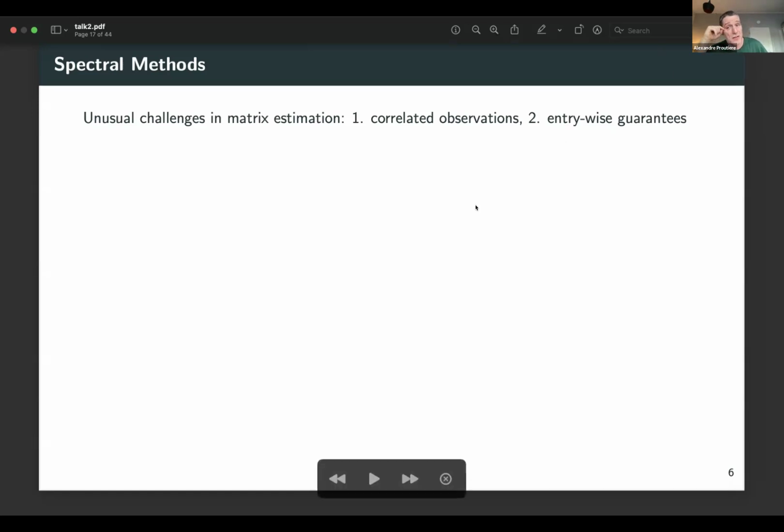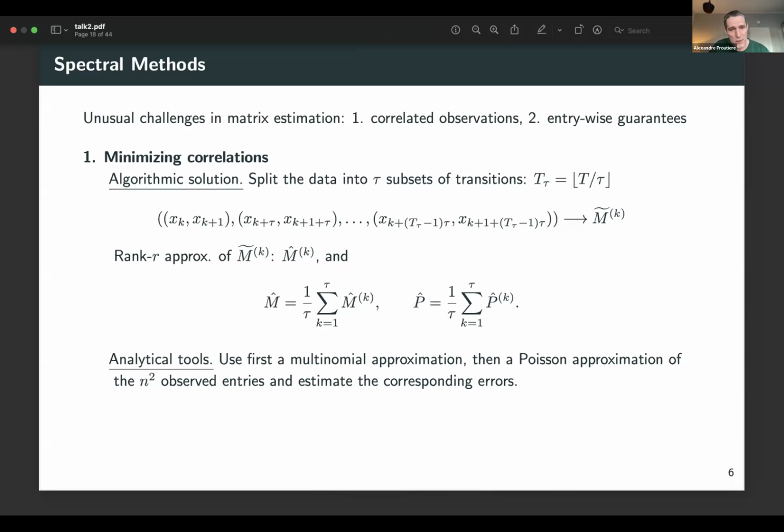The second challenge is, of course, if we want entry-wise guarantees, then the usual techniques to give guarantees are not applicable. So we have a very natural way to handle correlations.